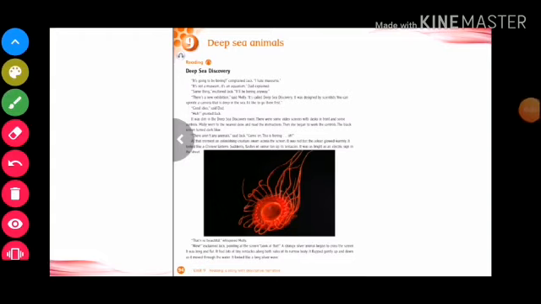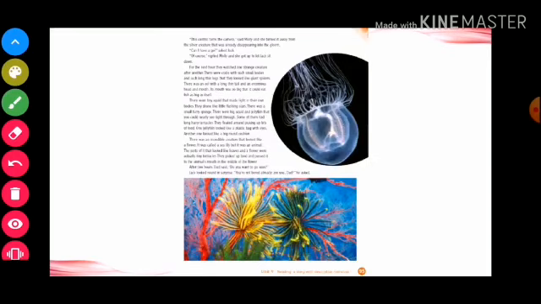Now open your pupil's book on pages 94 and 95. Look at the pictures. Have you ever seen any creatures like these?